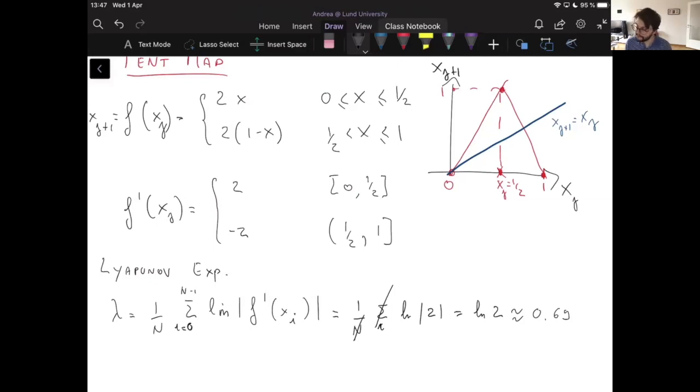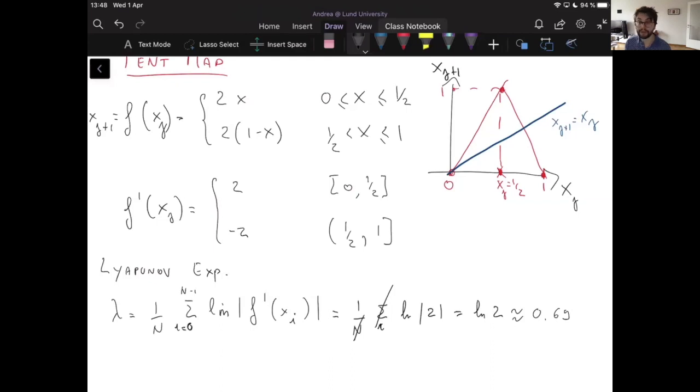And there is an infinite amount of points here. So it will take an infinite amount of time to land on the stable point. So at any given iteration, you will have to wait basically an infinite amount of time to reach the stable point.